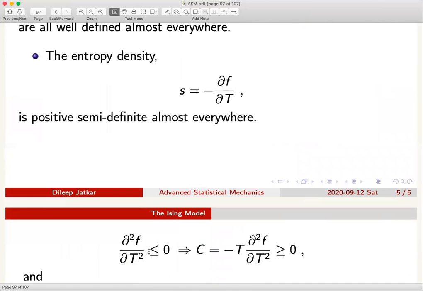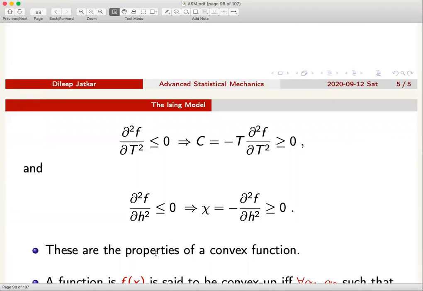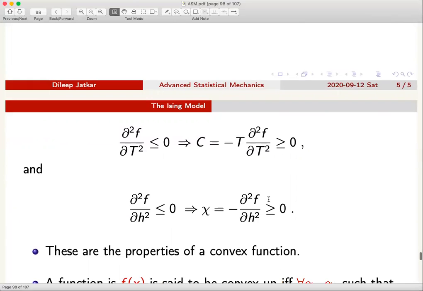Del squared F by del T squared is negative semi-definite, which means that the specific heat, which is the negative of this times the temperature, is positive semi-definite. Similarly, del squared F by del H squared is negative definite. That's why the susceptibility turns out to be positive. Now, these are the properties of what is called a convex function.